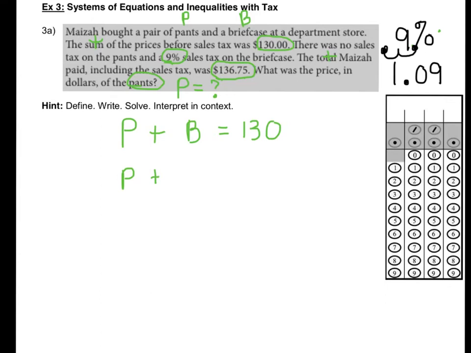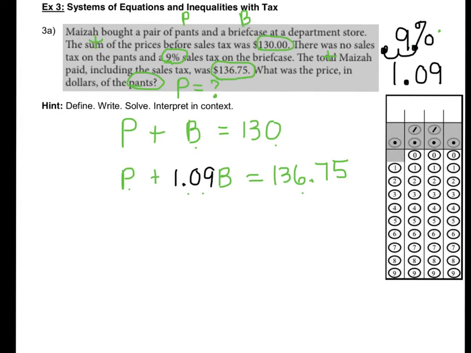So that's what we're going to multiply the B by. We're going to write down 1.09 times the briefcase price. So once we included that tax, the total was $136.75. So pants and briefcase, no tax is $130. Pants, no tax, 9% tax on the briefcase. This is the total with tax.